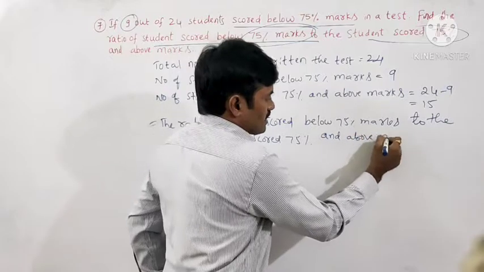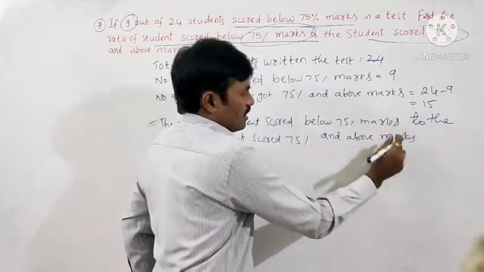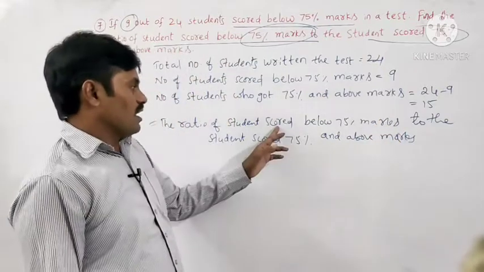They asked us to find the ratio. Okay, above marks. Now who got below 75% marks?